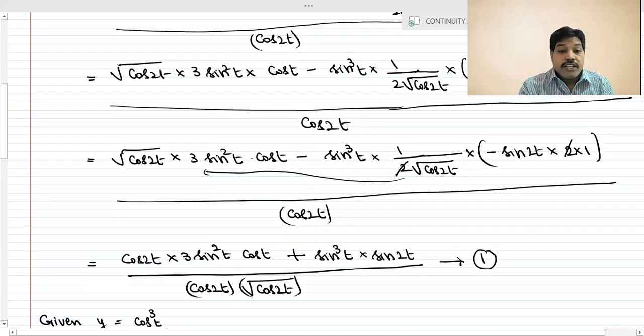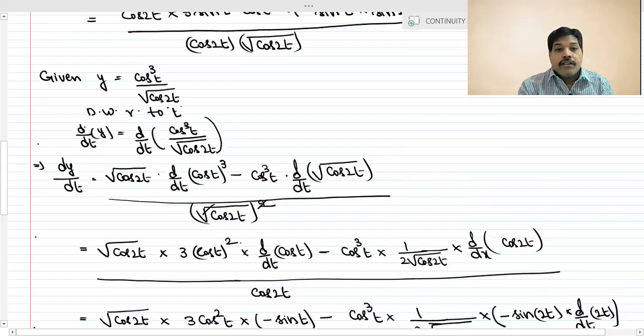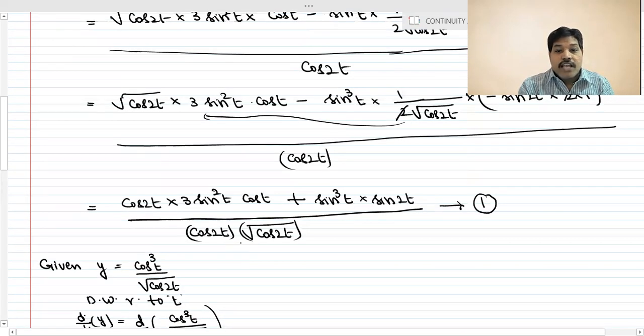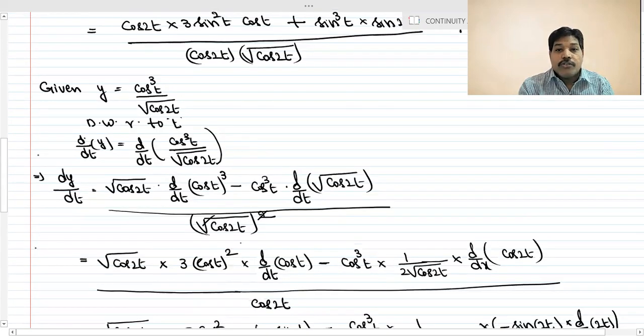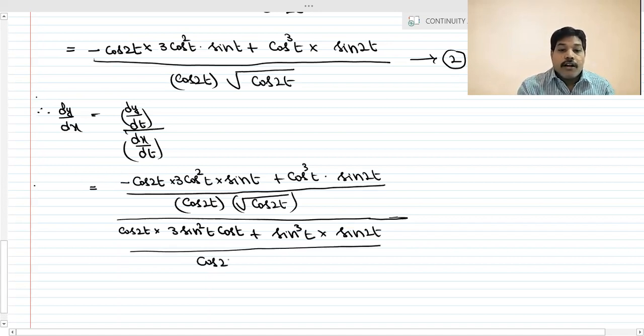So take that cos 2t into 3 sin square t into cos t plus sin cube t into sin 2t, whole by cos 2t into root cos 2t. Do you understand this?